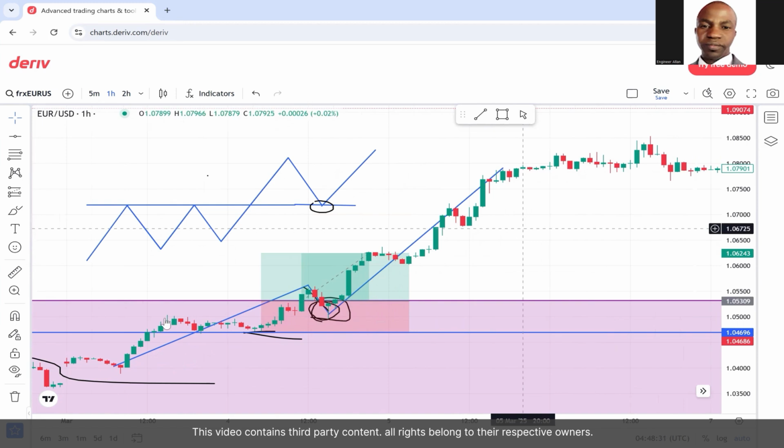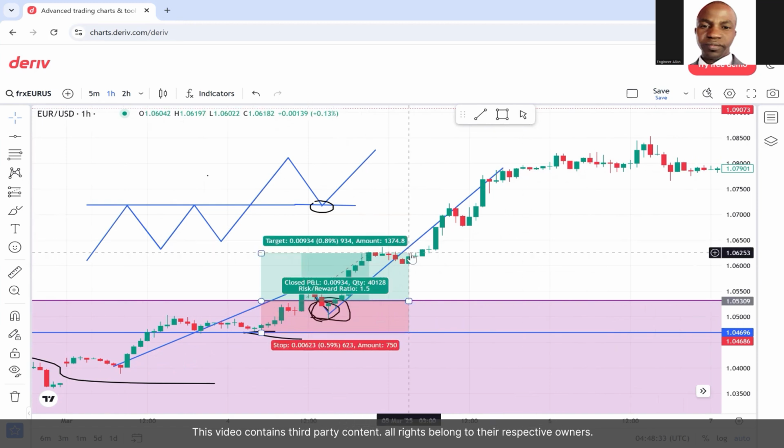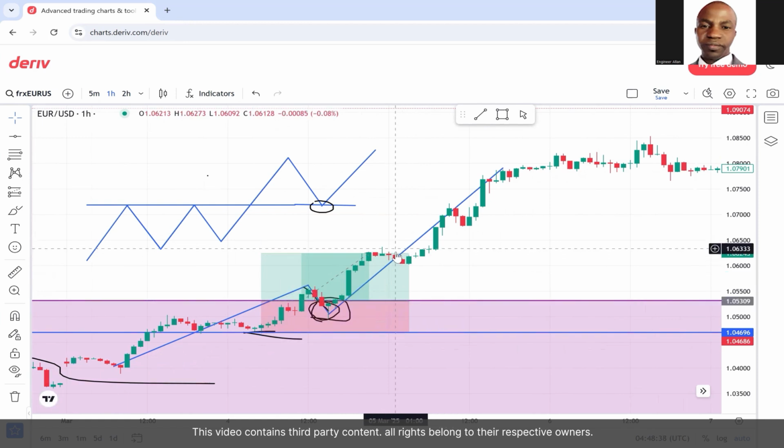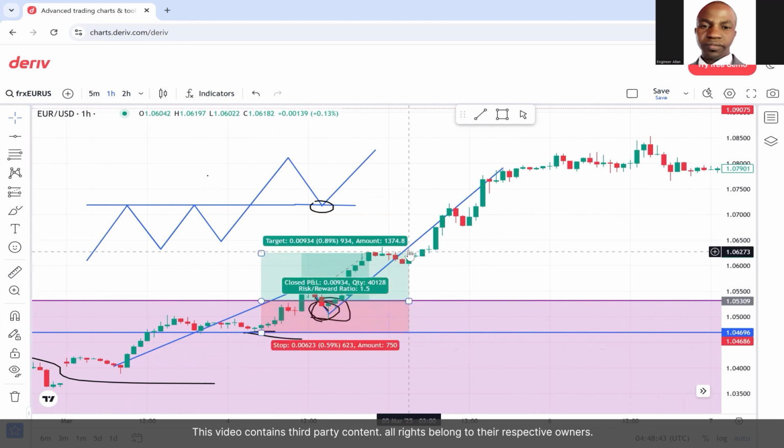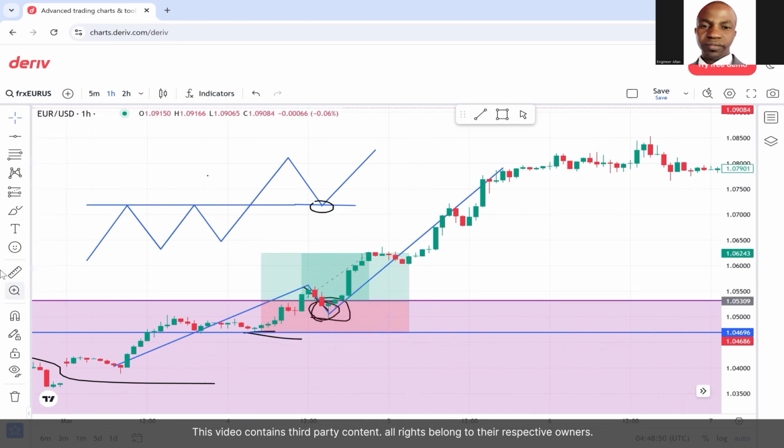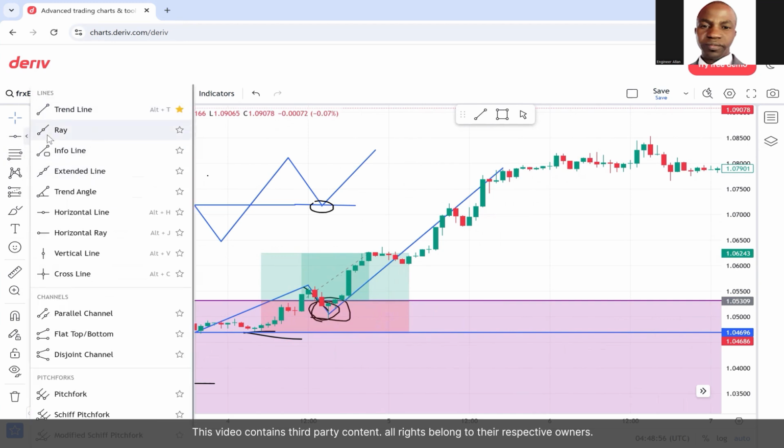Now the second way of doing this is, you enter two trades. Once the first TP is hit, you have two positions running. Then you move your stop loss into profits. As you can see here, let's say you put your stop loss at this particular area.